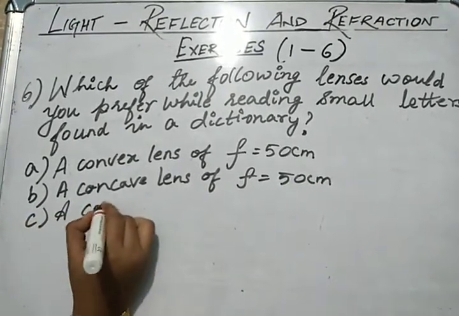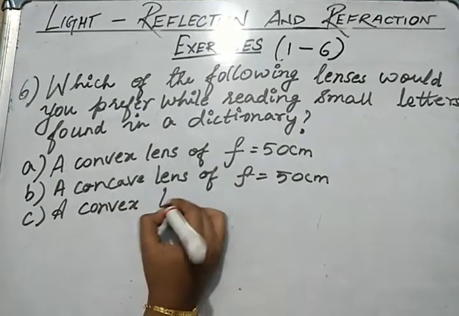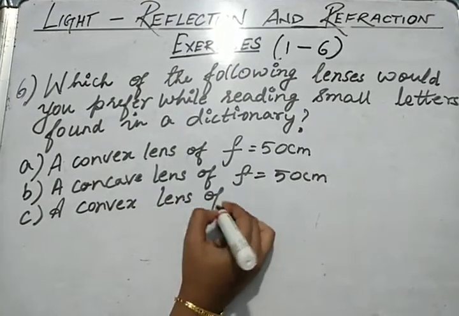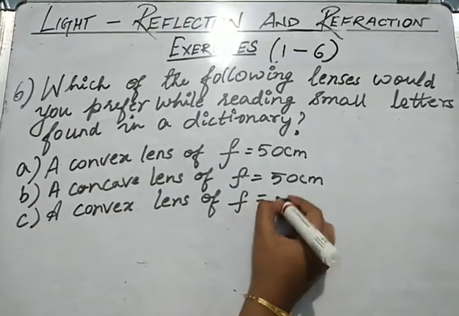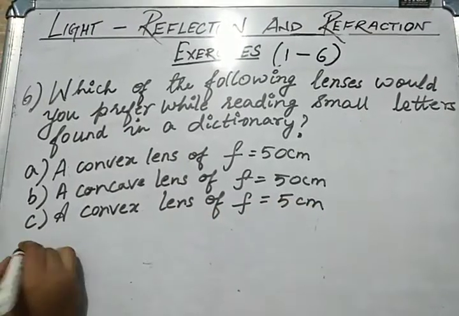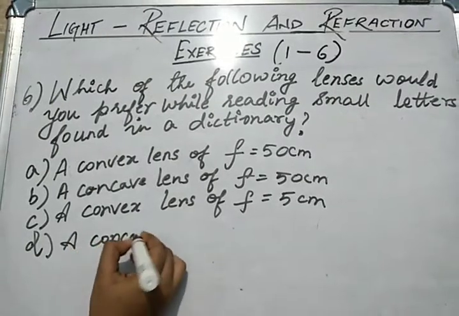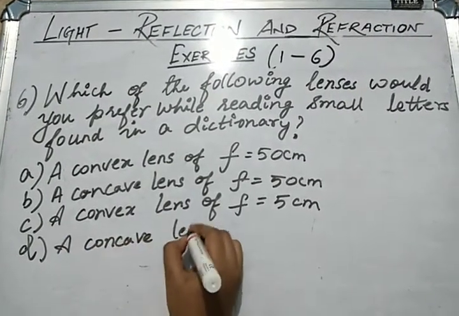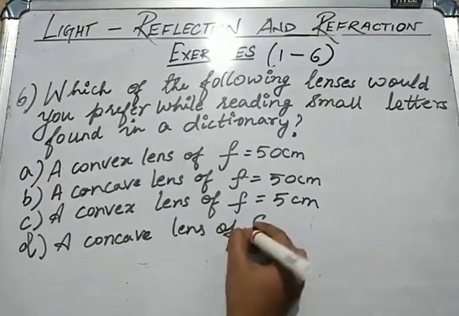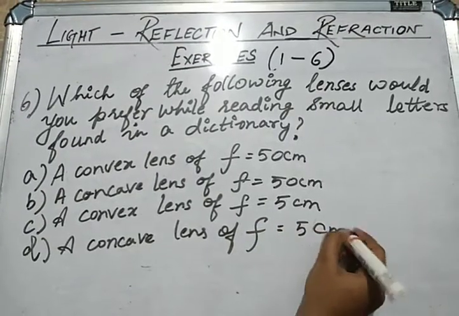C, a convex lens of focal length 5 centimeter. And D, a concave lens of focal length 5 centimeter.